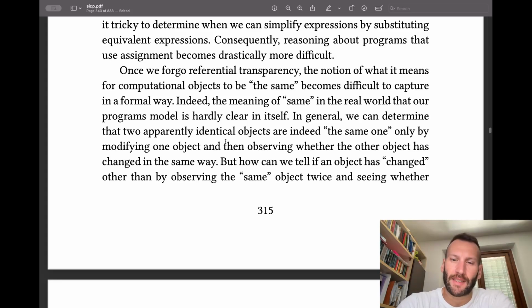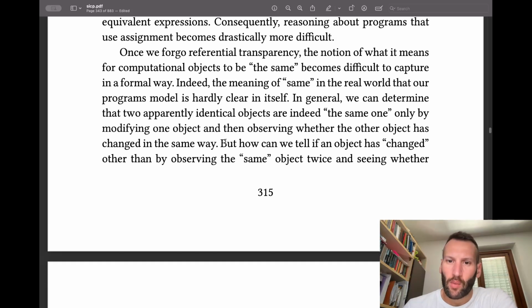Indeed, the meaning of "same" in the real world that our program's model is hardly clear in itself. In general, we can determine that two apparently identical objects are indeed the same one only by modifying one object and then observing whether the other object has changed in the same way.